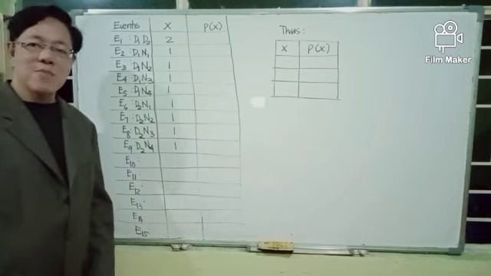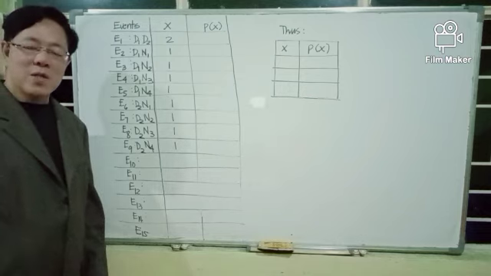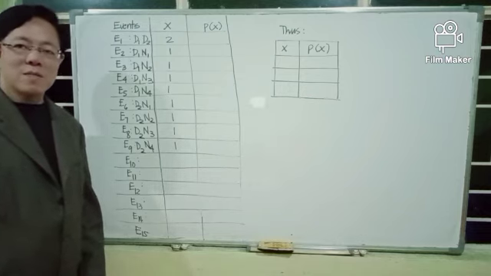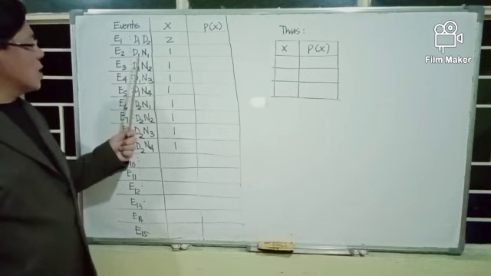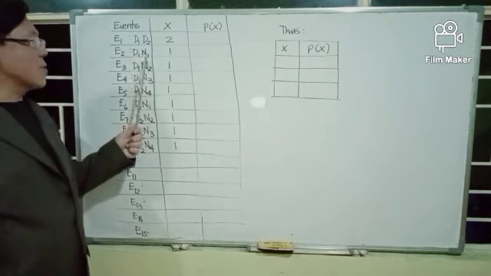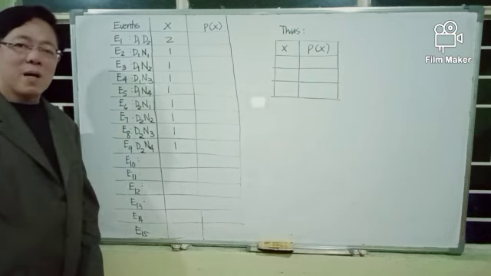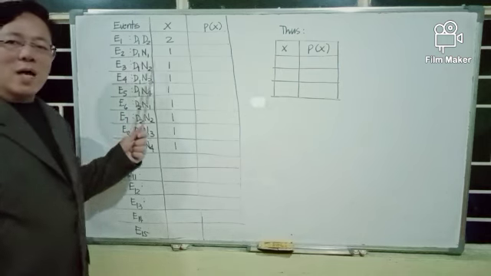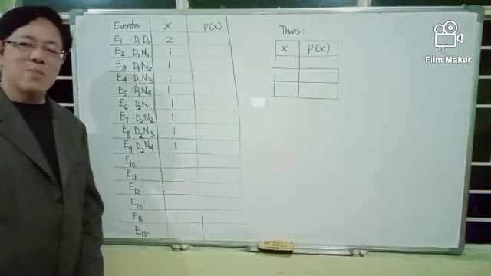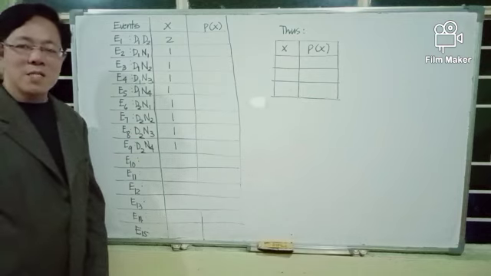In combination, if you recall, order is not important. As long as you have one defective and one non-defective, the order in which they are arranged is not important. Hence, D1, N1 is the same as N1, D1.